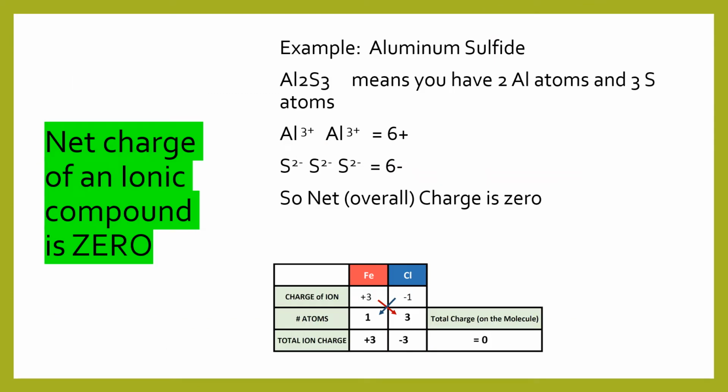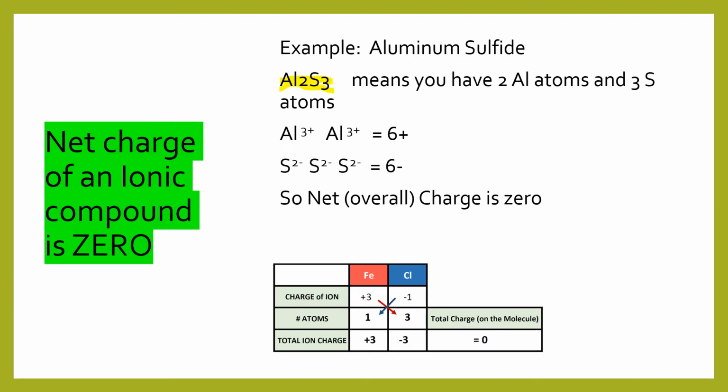All right, another very important concept that you have to know is that the net charge of an ionic compound is 0, okay? The reason for this, if you have Al2S3, okay, what that means, that 2, that subscript, is telling you you have 2 atoms of aluminum. All right?